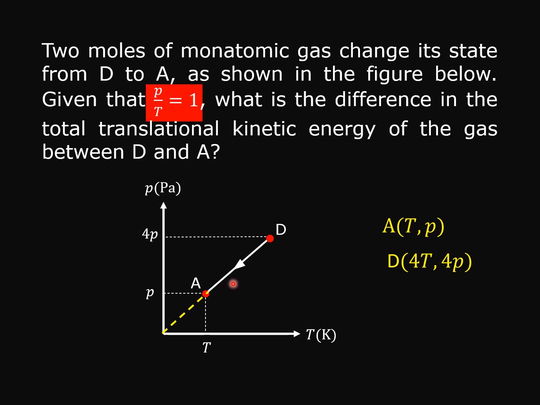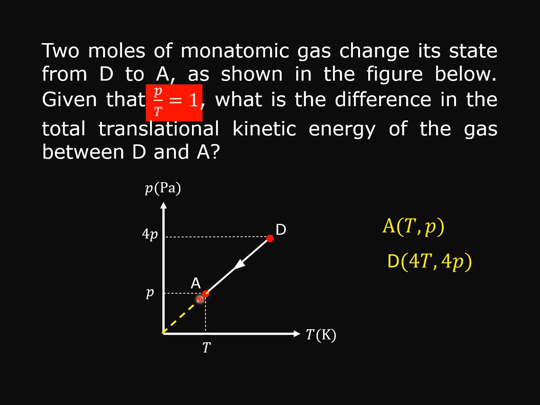And we notice that the line connecting states D and A passes through the origin. That means the gradient of the line is equal to 1.